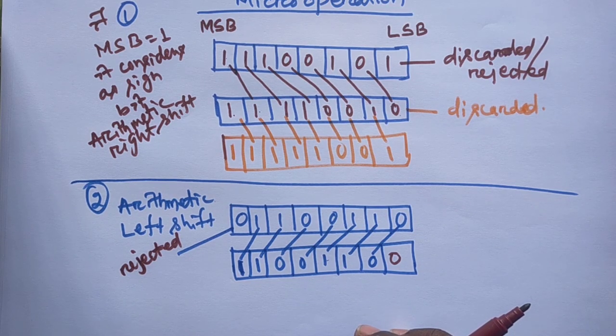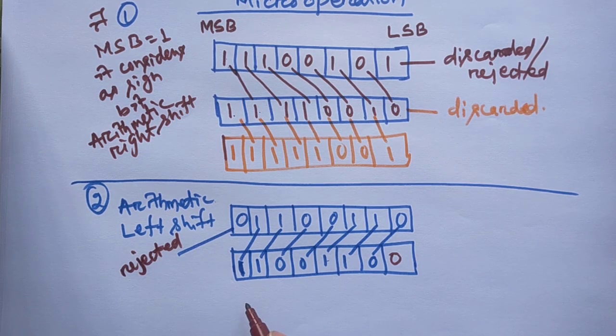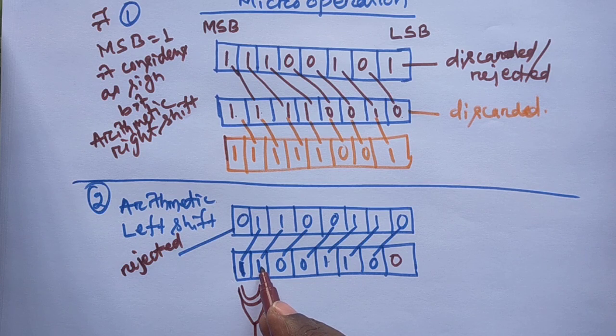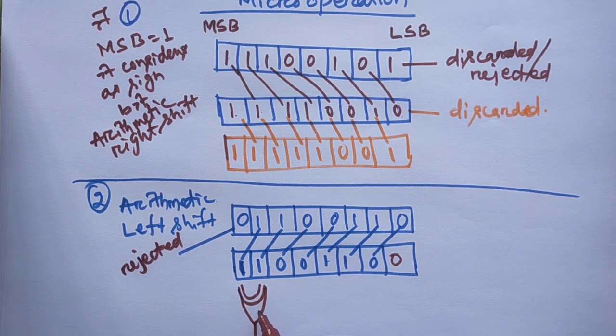In that case, we have to consider one kind of XOR on these last 2 digits. Let us see how it is determined. The last 2 bits, meaning the MSB and the bit previous to the MSB, these 2 data we can define through an XOR gate.